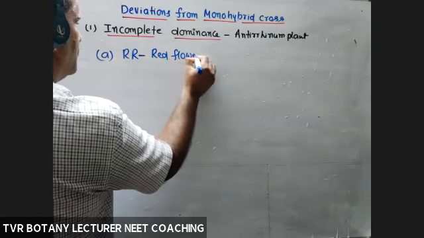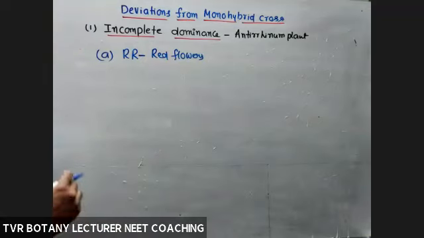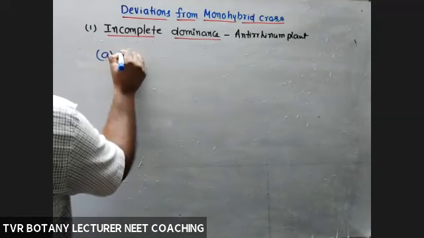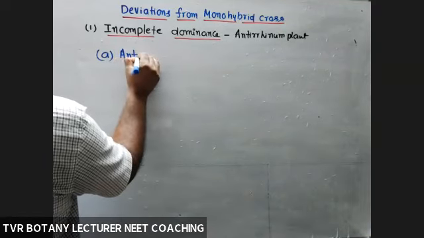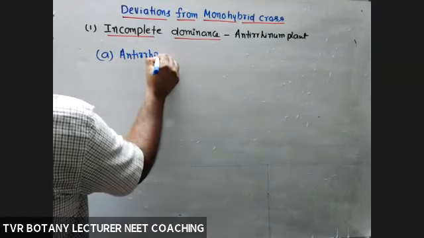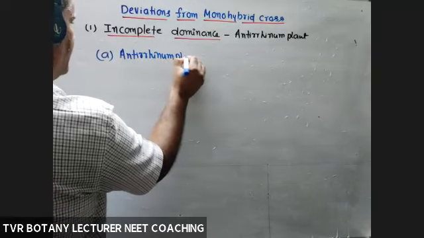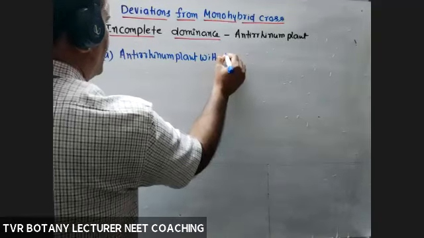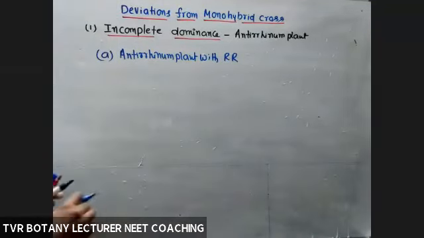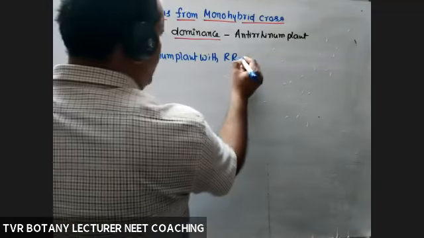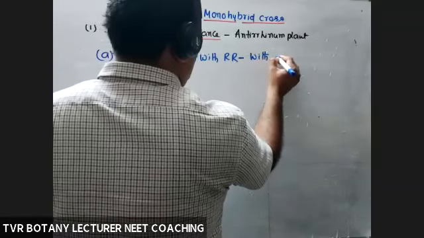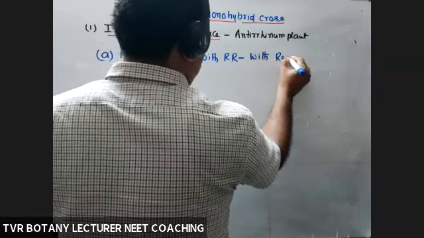Okay, so antirrhinum plant with capital R genotype is producing red flowers.